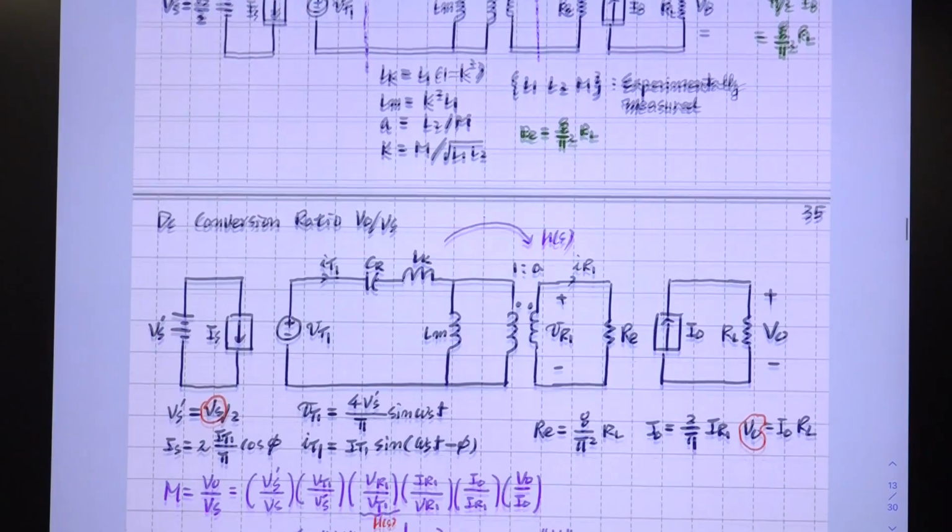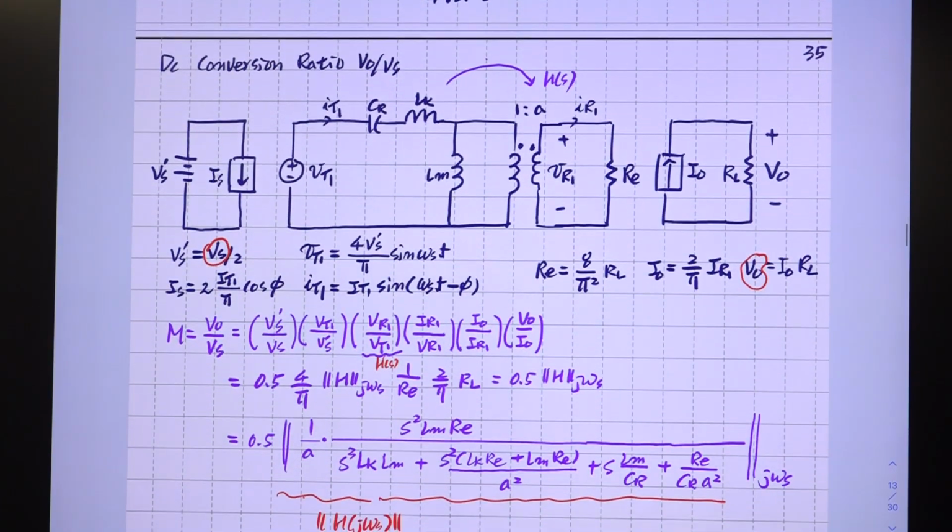Right? And the DC conversion ratio, you went through this. Okay. If we use the simplified model, I presented the simplified model. And when I was preparing this originally, maybe 10 years ago, I followed Erickson's approach. So I need everything. But later on, everything cancels out.